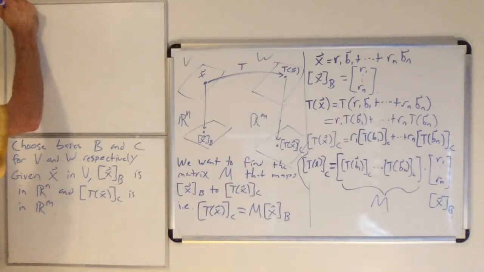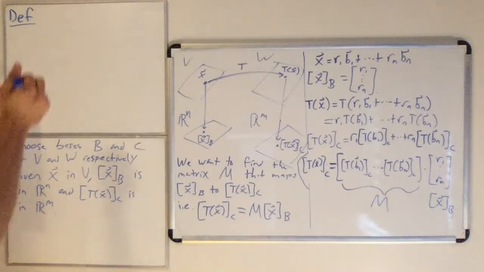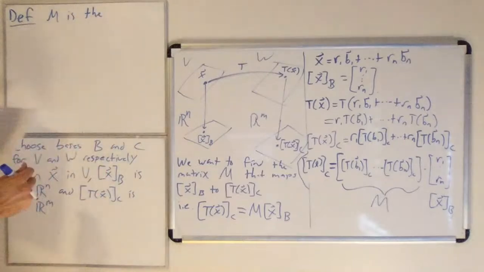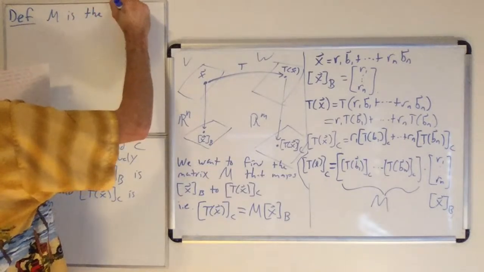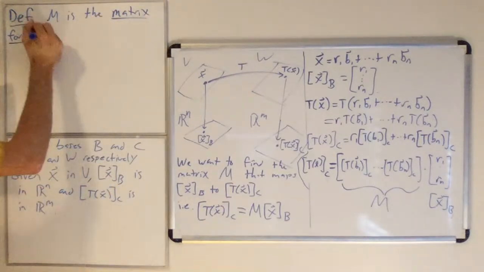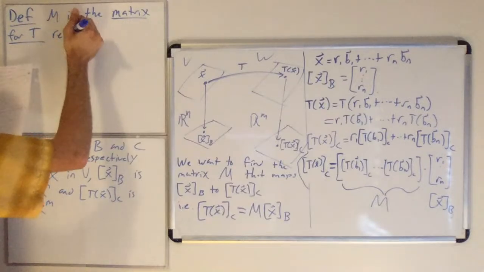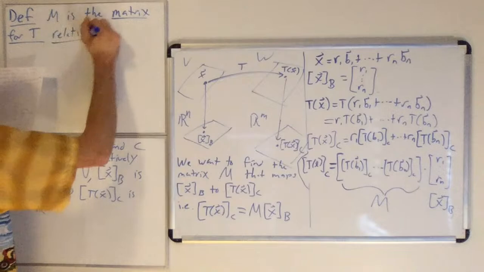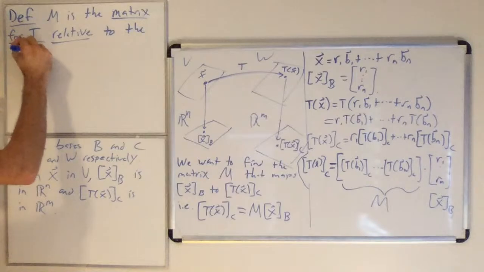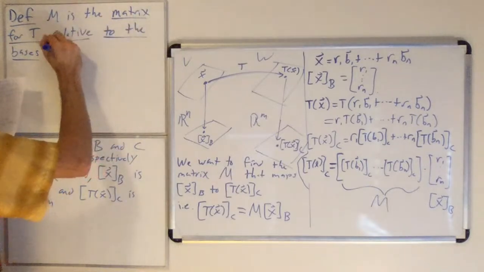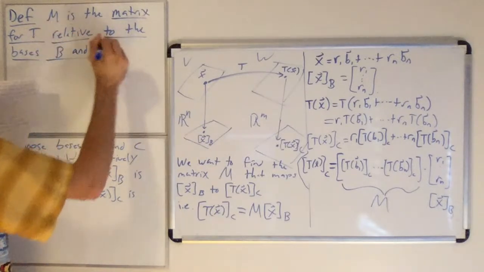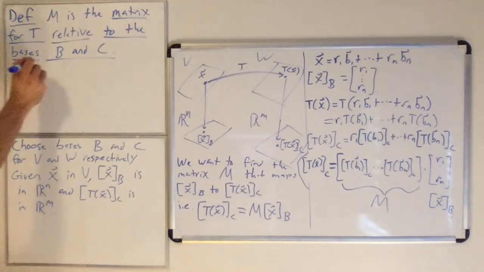Okay, so this matrix M is, it's a long name, the matrix for T relative to the bases B and C. Okay, that's a long name, but we can just connect all these lines.